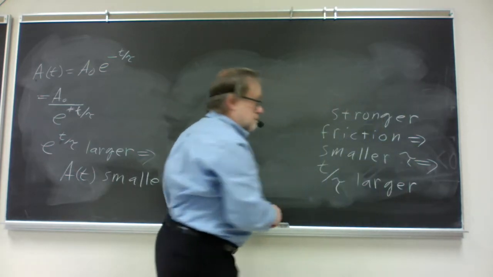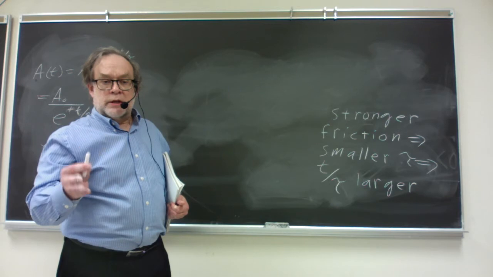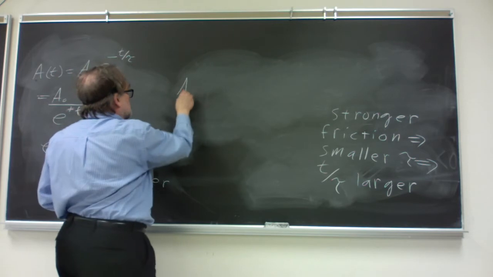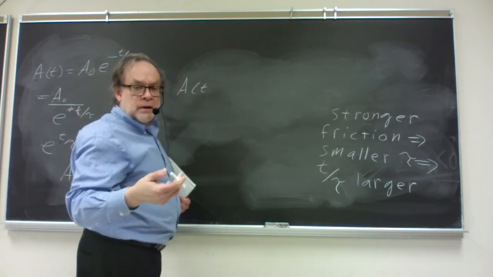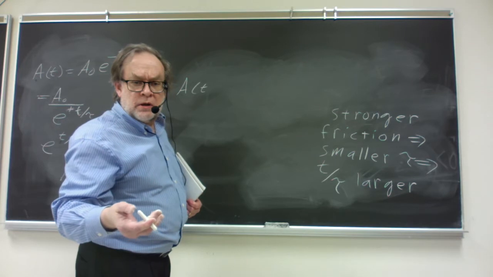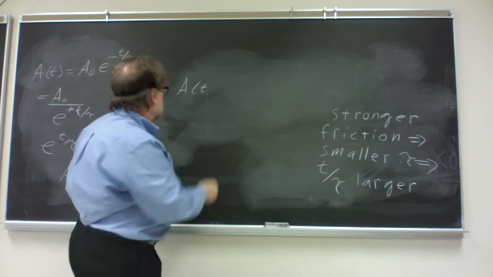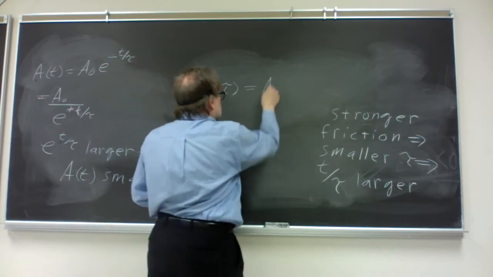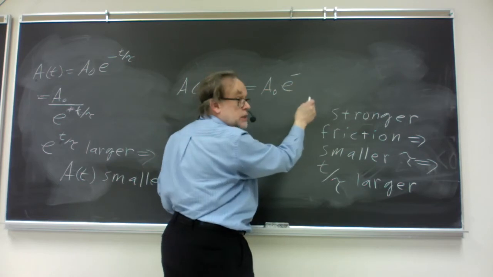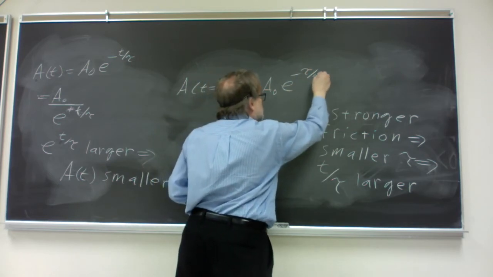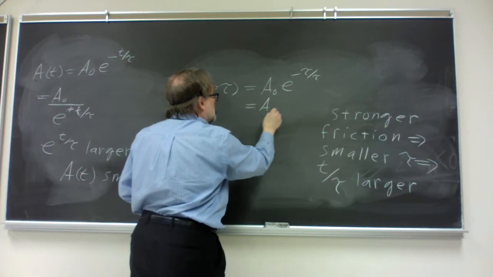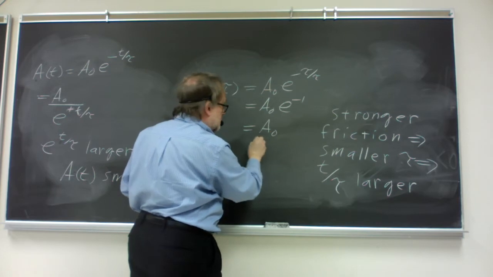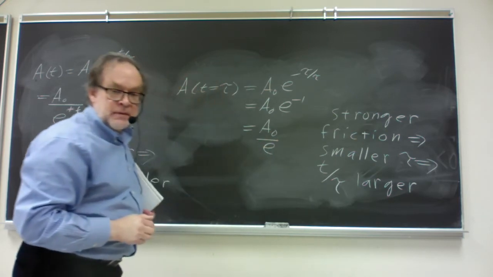Now, tau is a length of time. Exactly how much time is it? Let's look at our exponential function for amplitude at time tau, when t is equal to tau. Then you've got original amplitude times e to the minus t, which is tau in this case, over tau. In other words, A0 times e to the minus 1, or original amplitude over e.